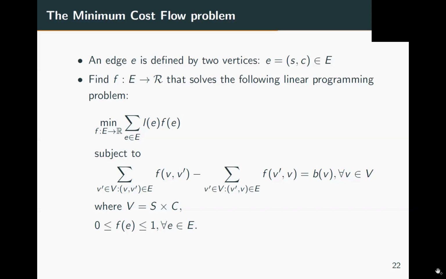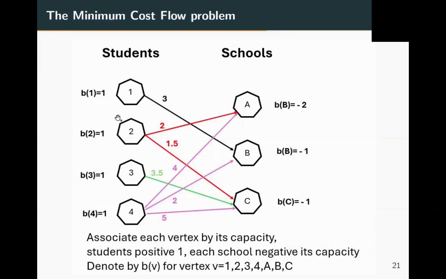Actually, in the graph that you showed, where students are matched to schools, I was wondering, for example, if a student has two possibilities, A and C, where the weights are 2 and 1.5.